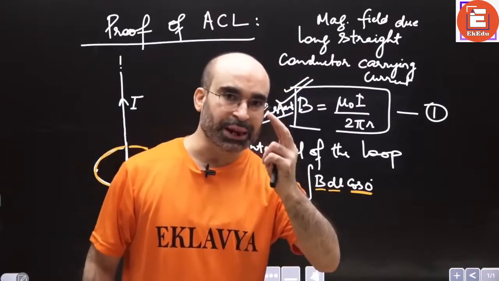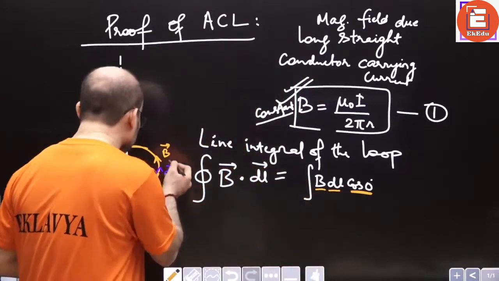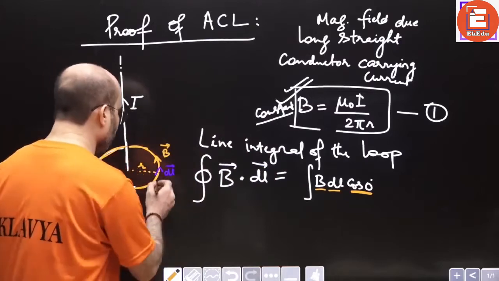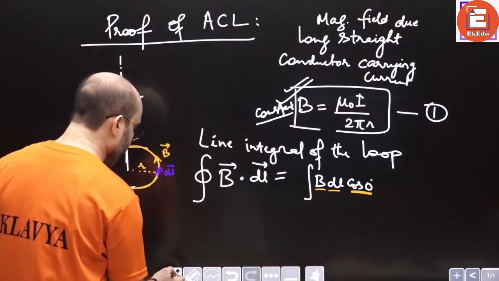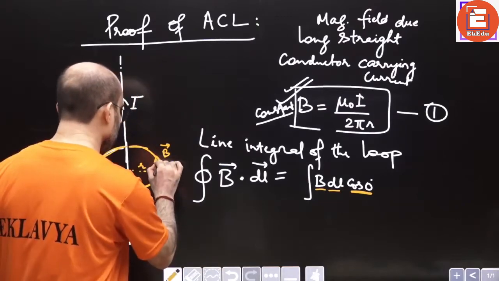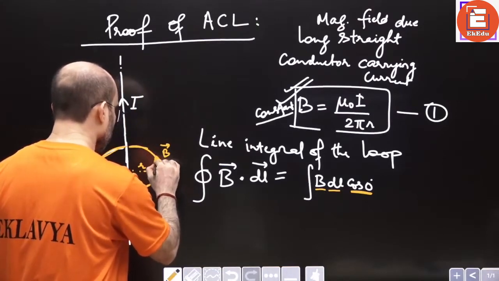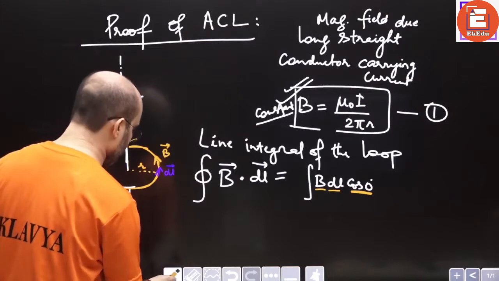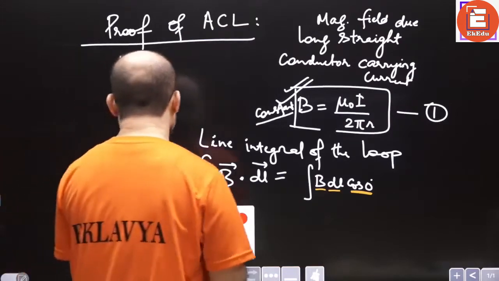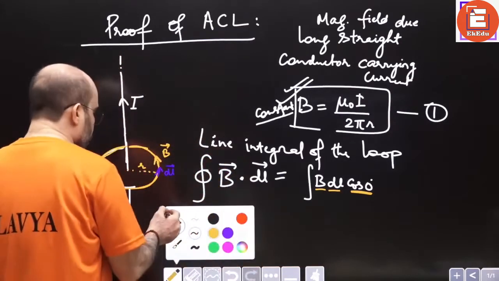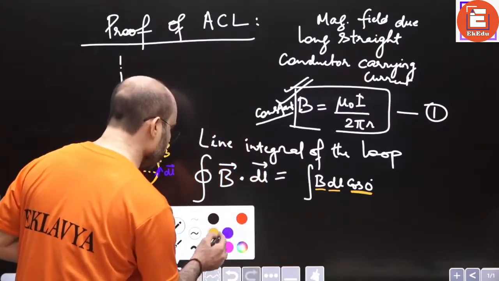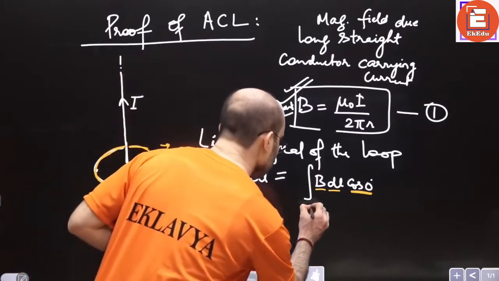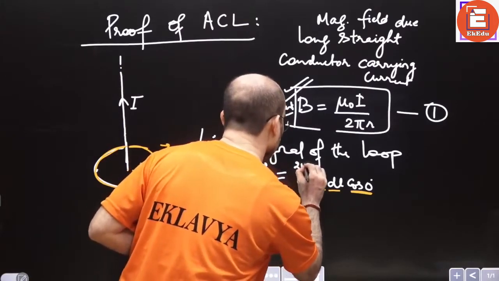Second thing, if you are taking this for the entire loop, then what is it going to be? If this is dl and this is your magnetic field, now the entire loop perimeter we will take into account. So for the entire closed loop, we have limits 0 to 2 pi r.